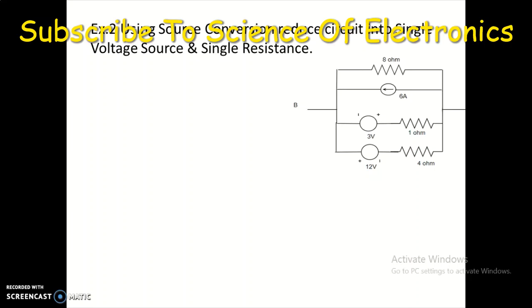Similarly, only when voltage sources are in series does their addition and subtraction take place. It is not practical to add or subtract current sources in series. So we convert these voltage sources in parallel so that we can add and subtract our current sources, as current sources can only add and subtract when they are in parallel.